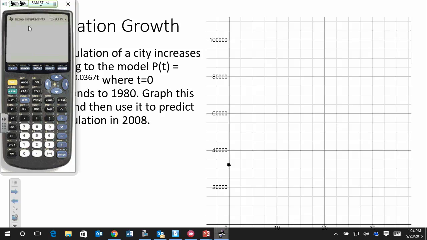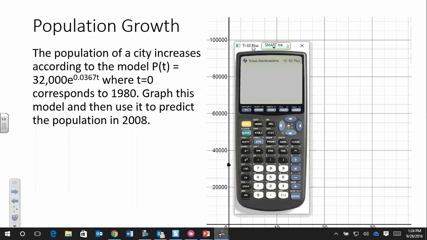Would you like to see a shortcut? Okay, let me show you if I can get this to move. Oh, I have my marker, so it wants to mark on me. Now let's move it. Okay.